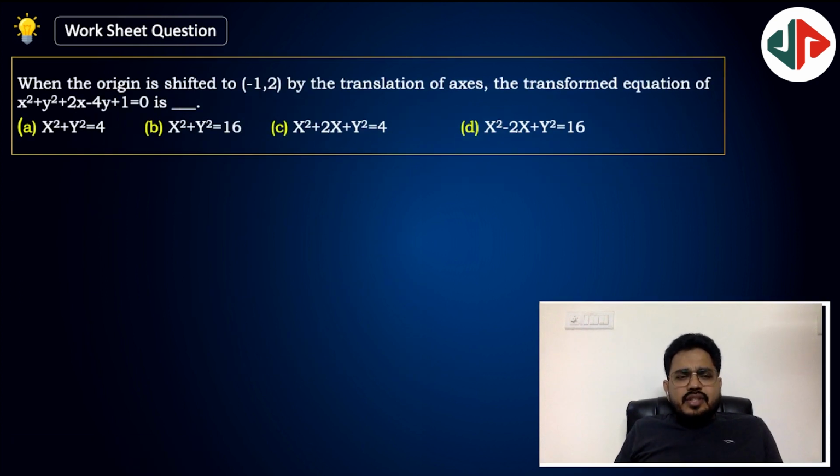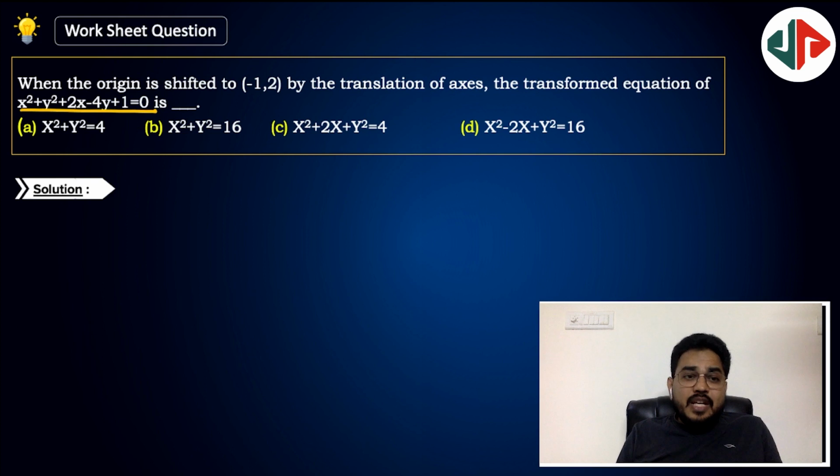When the origin is shifted to minus 1 comma 2 by the translation of axes, the transformed equation of this particular question is. So what is this question? Simply you can write the transformed equation of this original equation. Small x needs to be written as capital X plus h, so capital X minus 1.